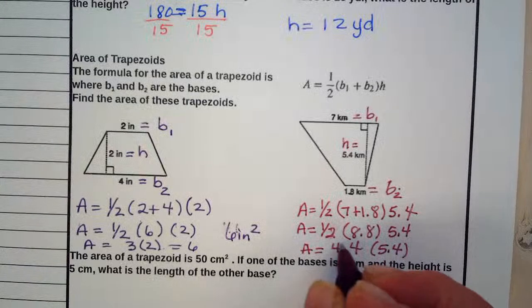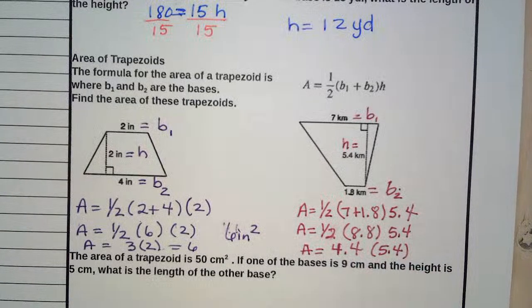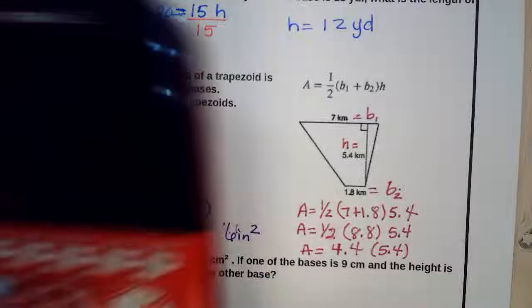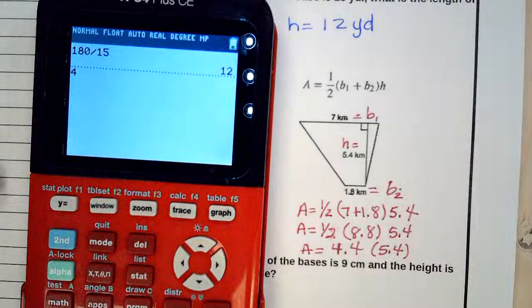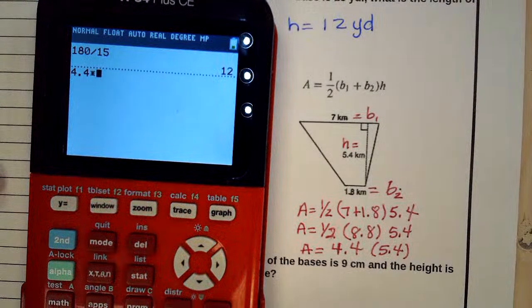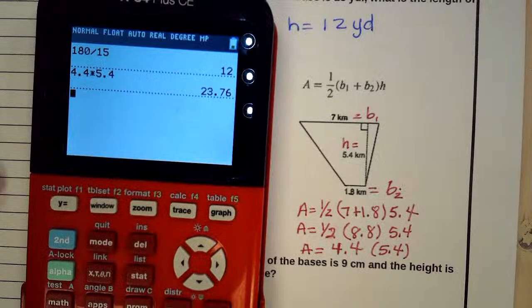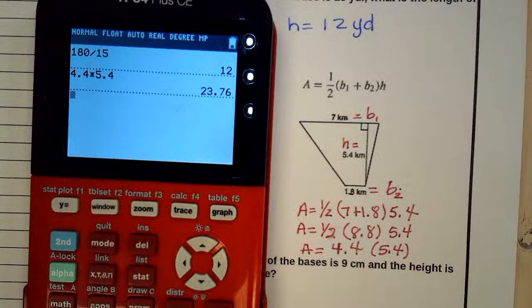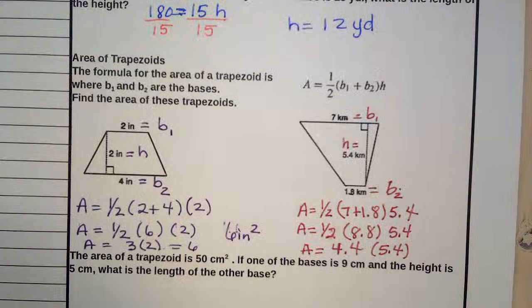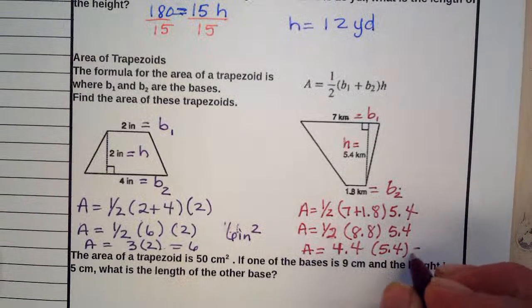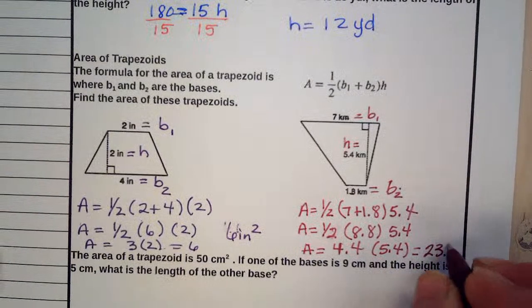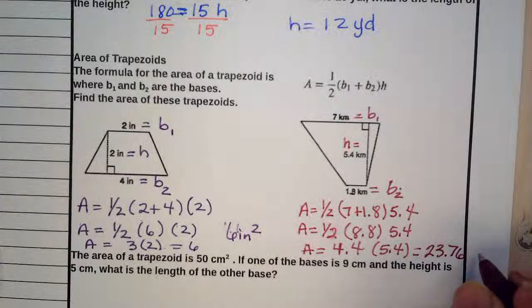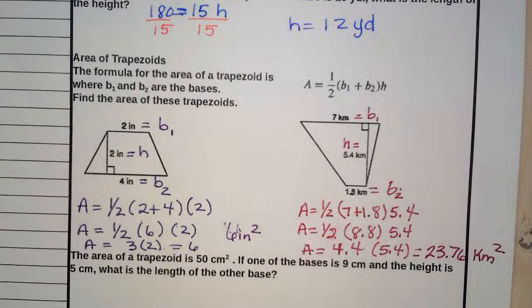Now we could do this with long multiplication, or we can do it with a calculator, and we end up with 23 and 76 hundredths. And this will be kilometers squared.